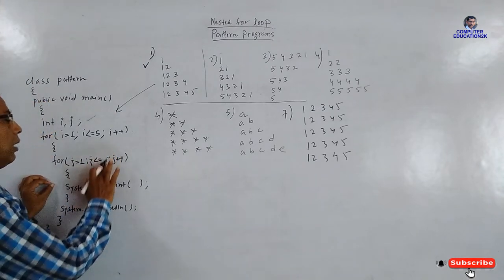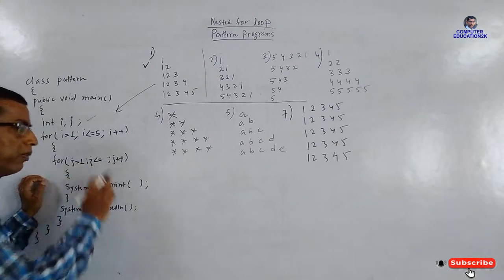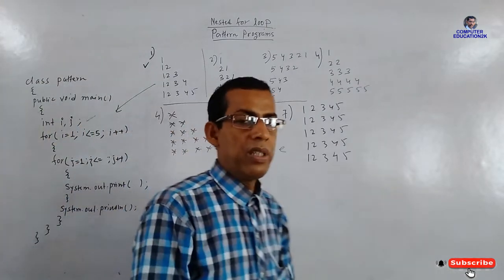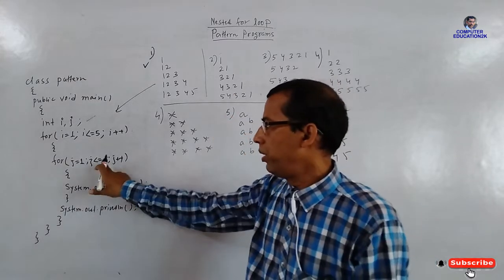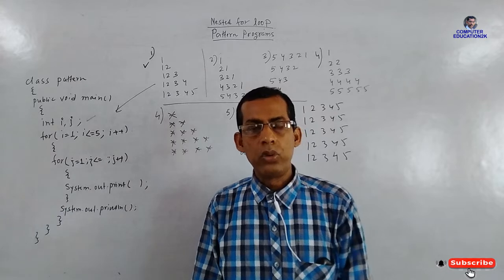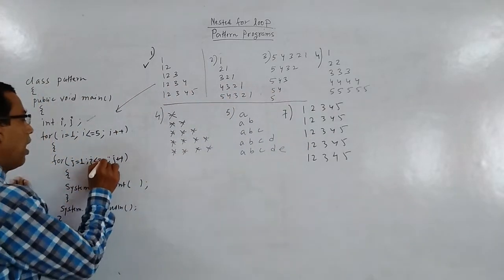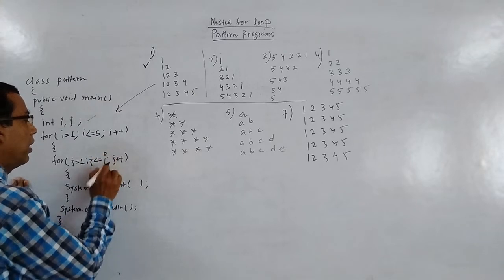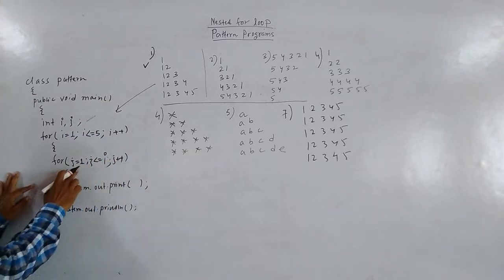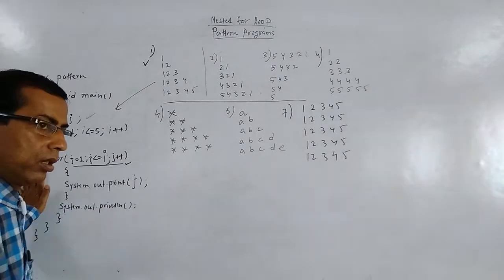But you can see all these limits 1, 2, 3, 4, 5 are the values of the variable i. So you can write i here: for j equals 1; j less than or equal to i; j plus plus.